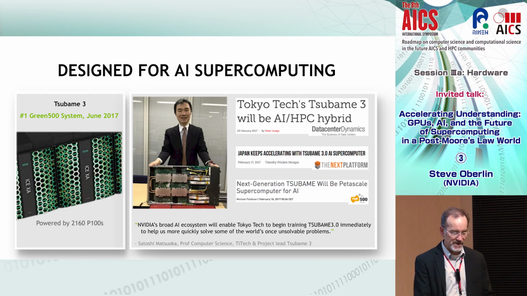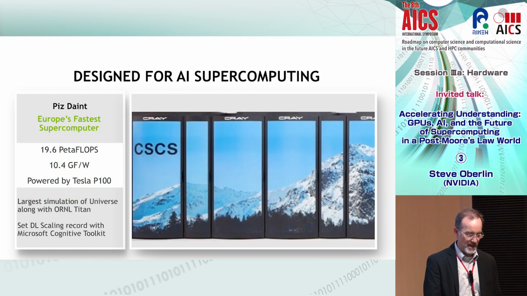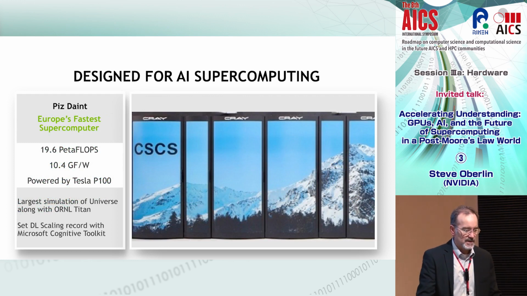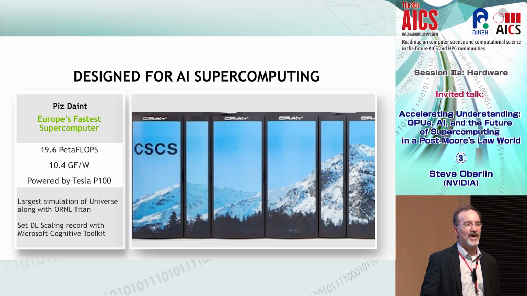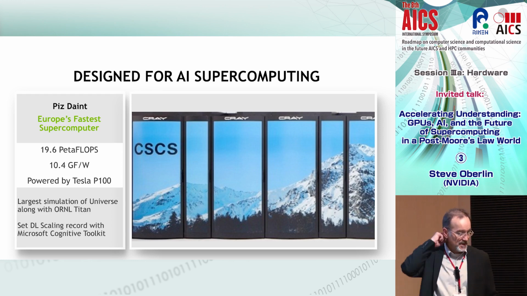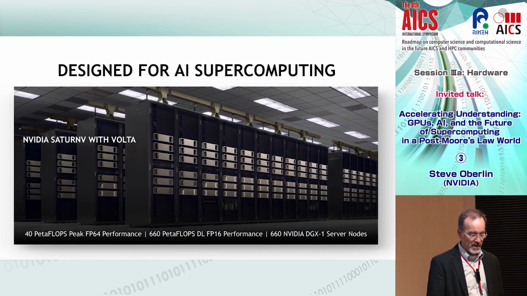So one of these, of course, is Tsubame 3, no big surprise. And the Piz Daint computer in Switzerland, I think currently number 3 on the Top500, powered by P100 GPUs. They set a deep learning training scaling record with that system about 6 to 9 months ago.